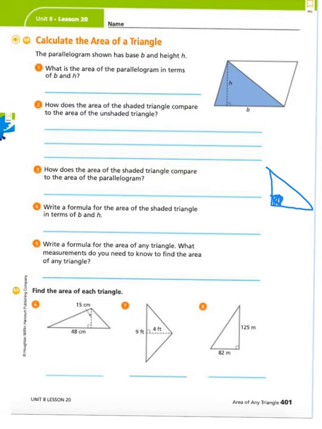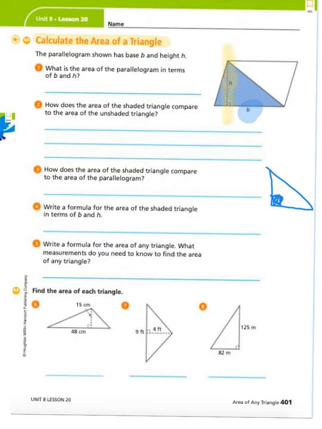So we are at page 401, and it says calculate the area of a triangle, and the parallelogram shows the base, B, and the height. So we have B here, and the height here, H. So that line going up and down.